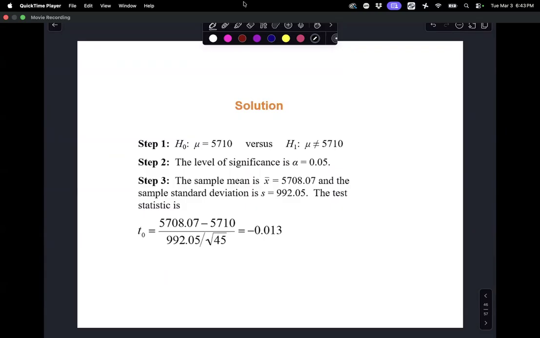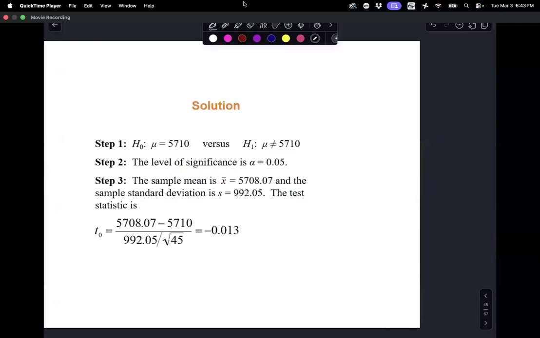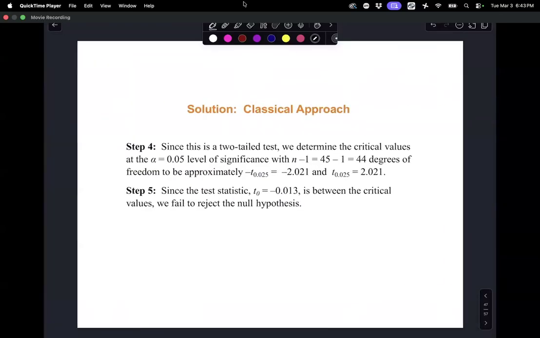So we have our null and alternative hypothesis. It shows the level of significance, shows our sample mean and standard deviation. It calculates the t-value, the test statistic like we did. This one shows it's a two-tailed test. It finds our critical values, and it says the same thing. These words are good.